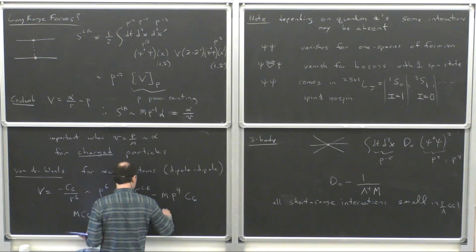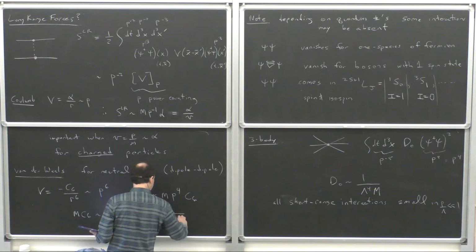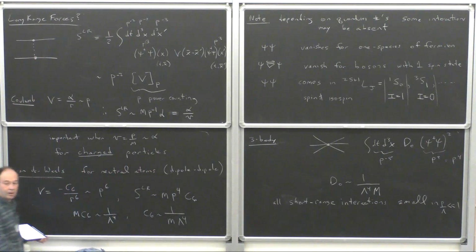Okay, c6 goes like 1 over m lambda to the 4. So there's the power counting for the van der Waals. Again, it's a suppressed interaction, powers of lambda downstairs. At p to the 4, we have to include it. Up to p to the 4, we don't. So long-range interactions, no real problem.